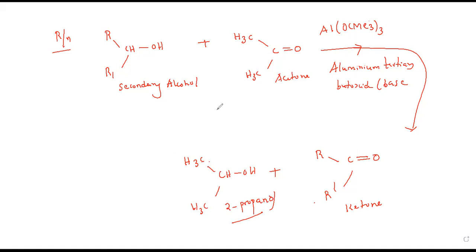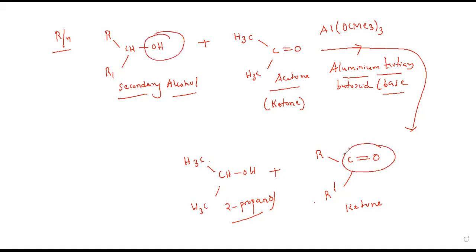So this is a general reaction. I'm going to take one secondary alcohol and react it with a ketone, acetone here. In the presence of a base like aluminum tertiary butoxide, you are going to get a ketone plus 2-propanol as a byproduct. So this secondary alcohol has been converted into a ketone here.